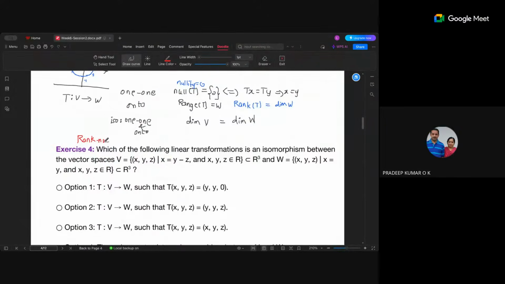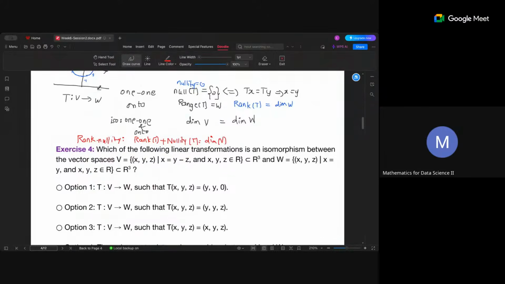Rank plus nullity is equal to the number of columns. In terms of transformation, rank of T, here we only have a transformation, we don't have a matrix. So rank plus nullity is equal to the dimension of V, right?